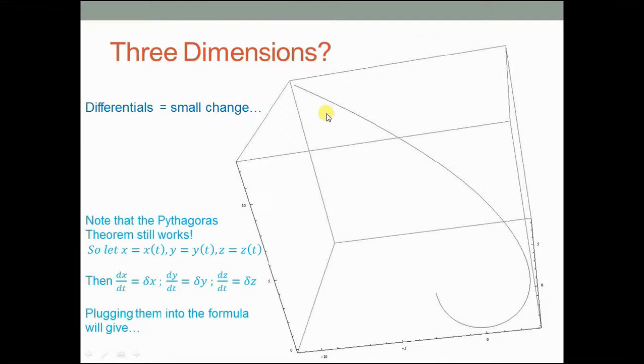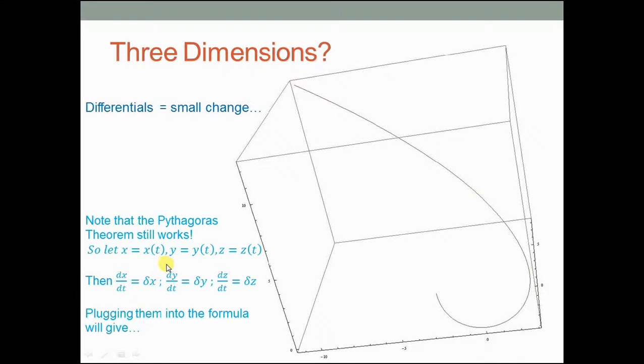So like before, what we need now is to find the smallest change in x, the smallest change in y, and the smallest change in z, and find the distance they produce by plugging their values into the Pythagorean formula. So how do we find the smallest change of the x, y, and z coordinate?